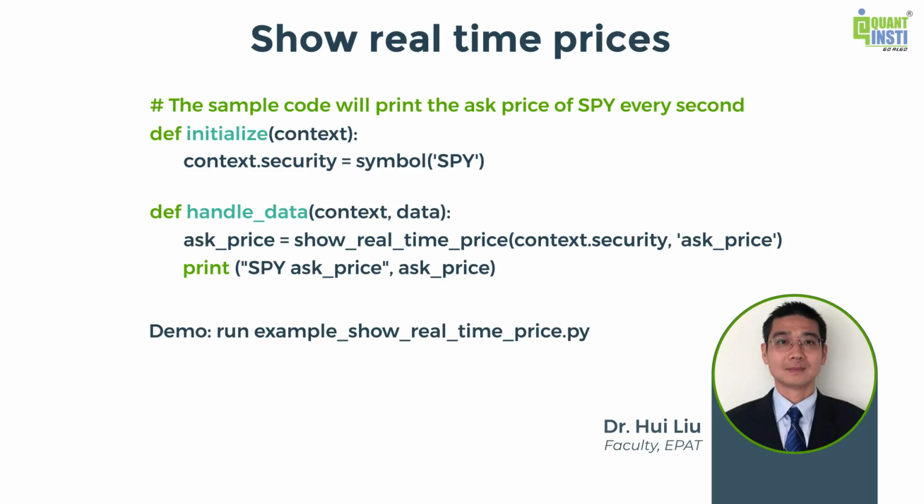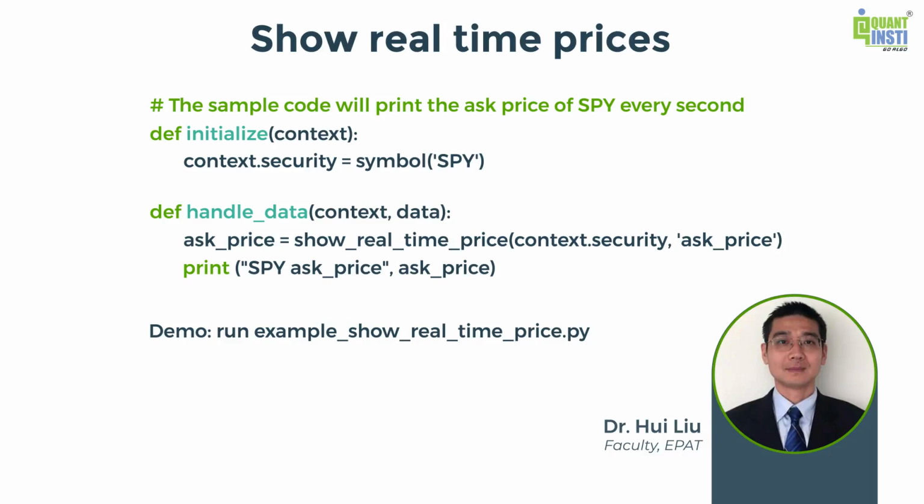Then, because I want to print the ask price of SPY every second, I put my trading decision, even if it's not a trading decision but just a print action. I put the function show real-time price in handle data, so that this part of code will be executed every second as default.